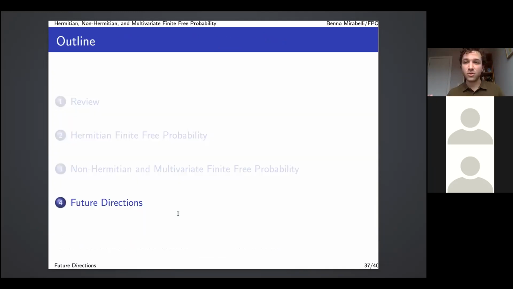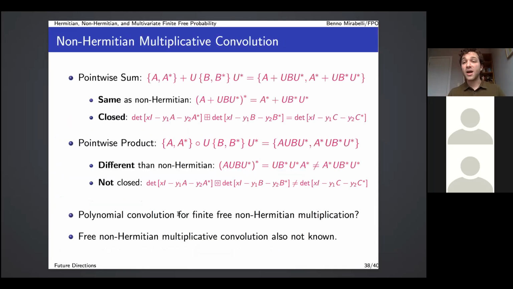So that's the end of the new results I'm going to talk about today, but I do want to talk about a few future directions and conjectures briefly before I stop. So you might have noticed, given the mirroring structure, that I talked about the multivariate finite free additive convolution central limit theorem and the non-Hermitian finite free additive central limit theorem. And I talked about the multivariate finite free multiplicative central limit theorem, but I didn't talk about the non-Hermitian multiplicative central limit theorem.